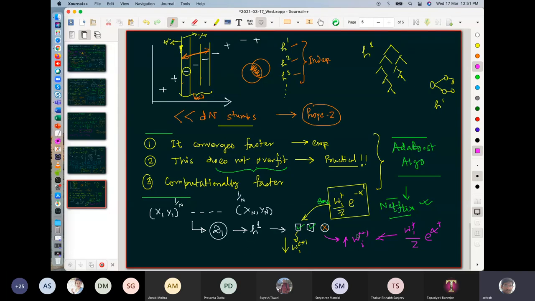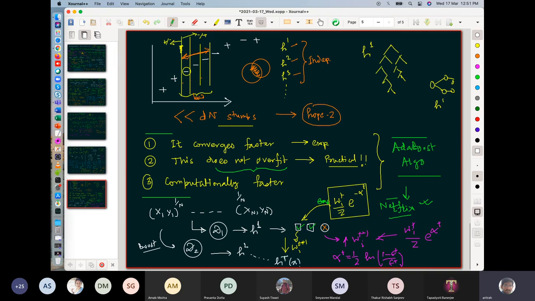All of this is done with a choice of alpha which minimizes the error, which is 1 minus epsilon t by epsilon t, where epsilon is the sum of weights of the wrong data points. Then after this boosting of the points, the adaptive boosting part, you pick up another data set D2, get the next hypothesis H2 and proceed so on.